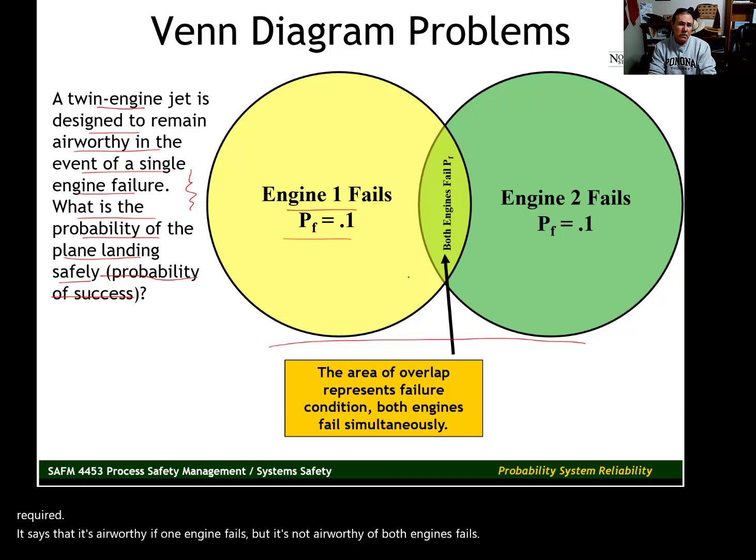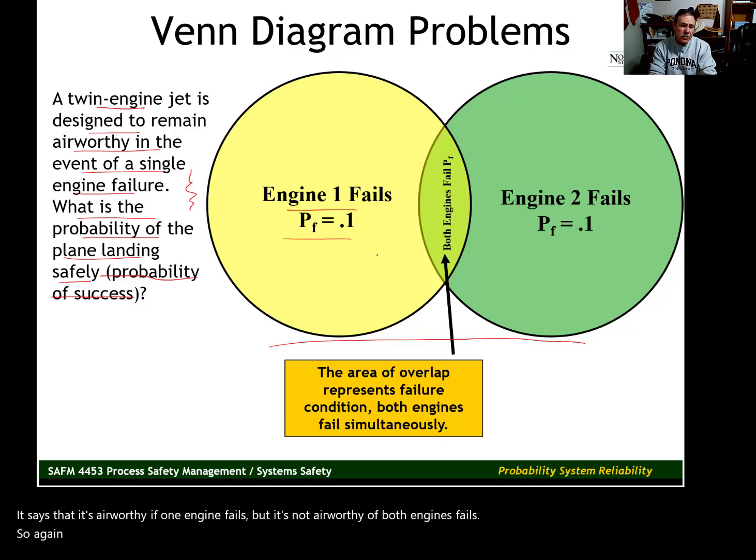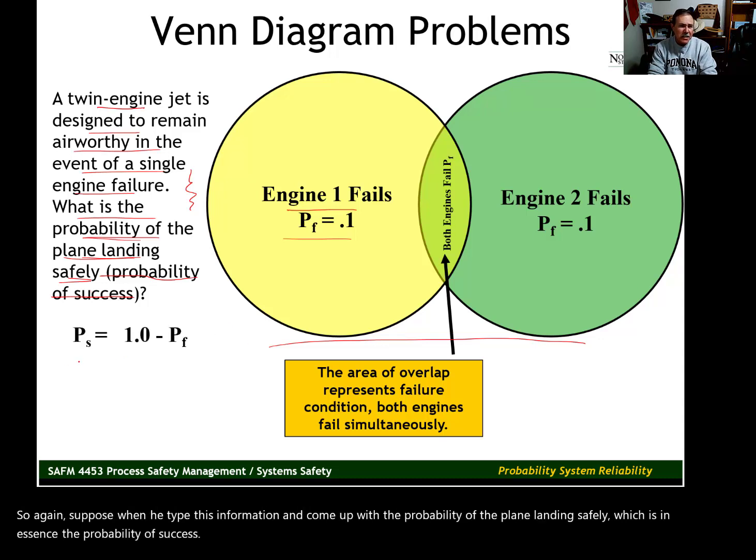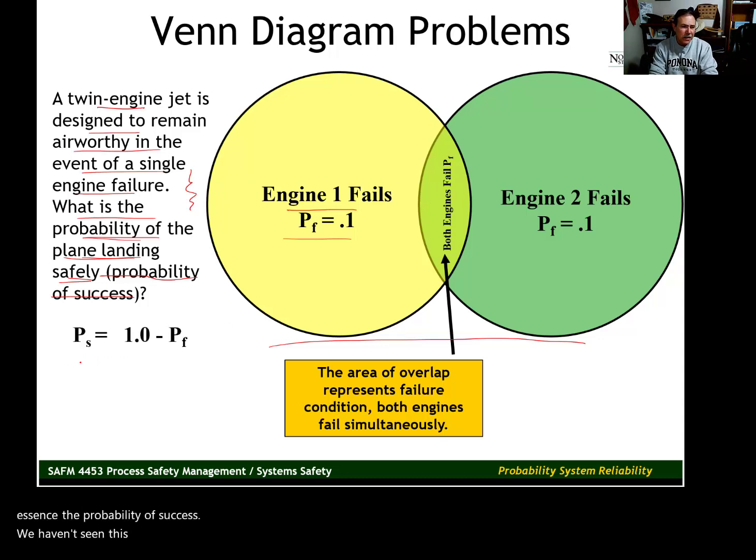So, again, we need to take this information and come up with the probability of the plane landing safely, which is in essence the probability of success. We haven't seen this formula yet. It's so basic I didn't think it was really necessary to show it to you, but now it's applicable.